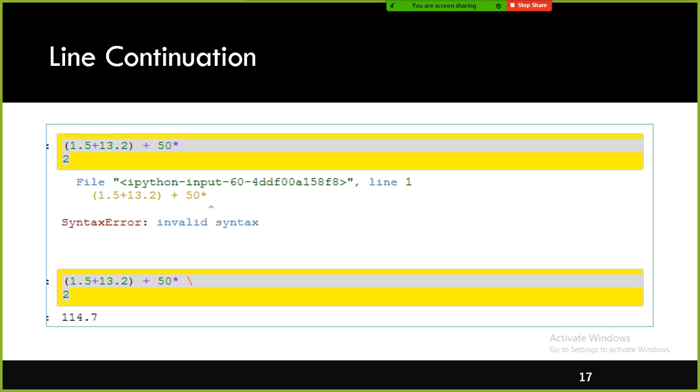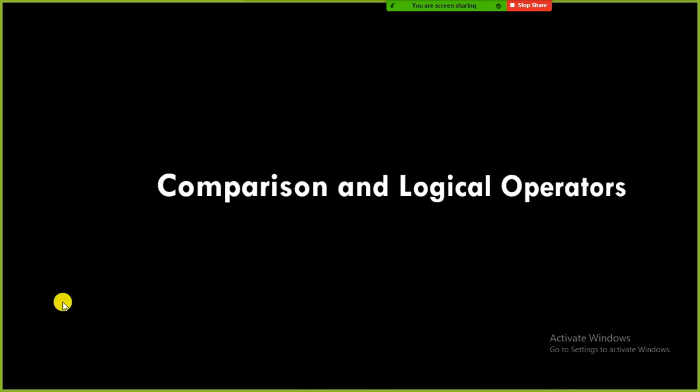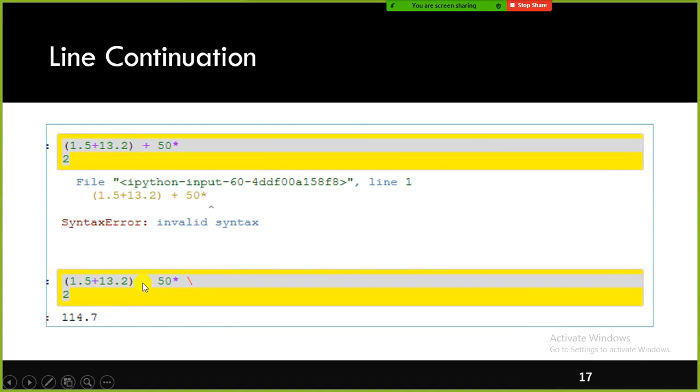But how will the interpreter get to know? For that, you need to use the backslash. Supposing your code gets extended to the second line, say we want 50 into 2, and because of lack of space, let us assume there is no space here.